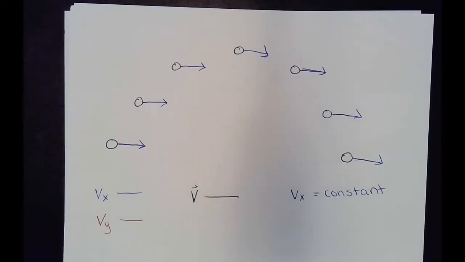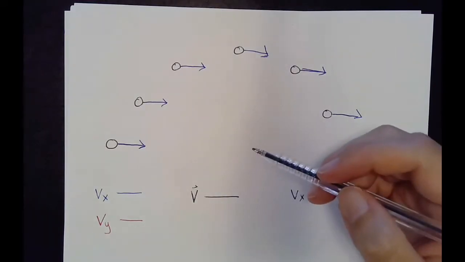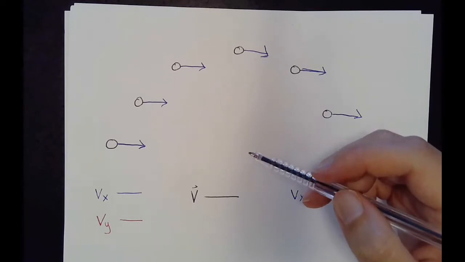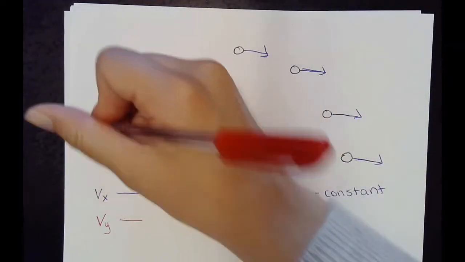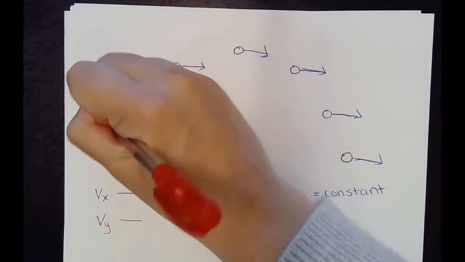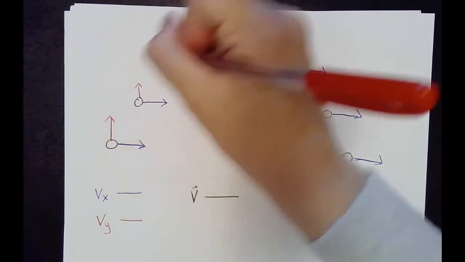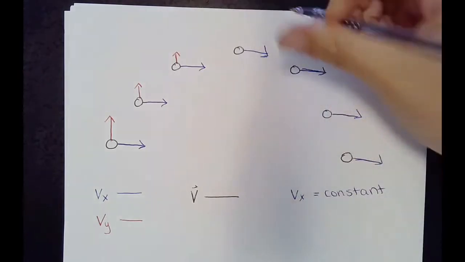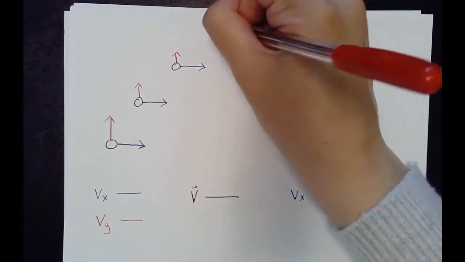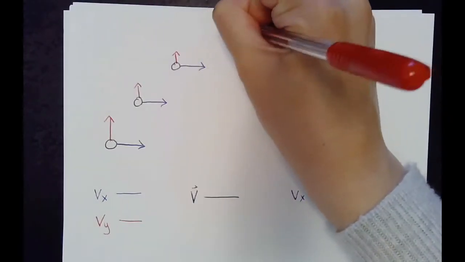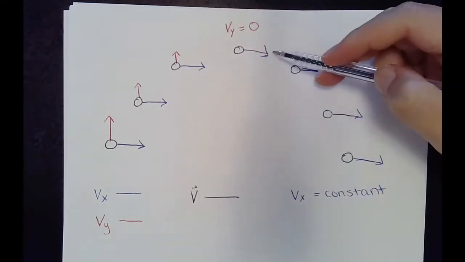Now v_y will actually evolve in the same way as a falling object. So let's say it's kicked with an initial y velocity here. That's going to slowly decrease because of the acceleration until it reaches 0. At the maximum height, now we have v_y equals 0. v_x is non-zero.